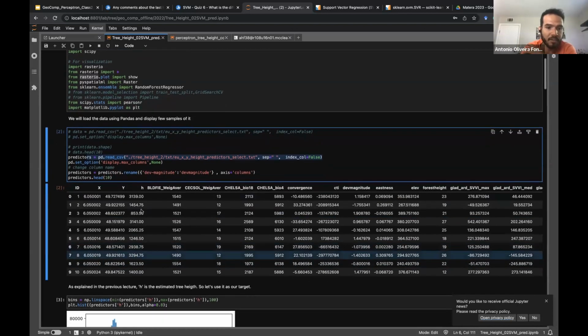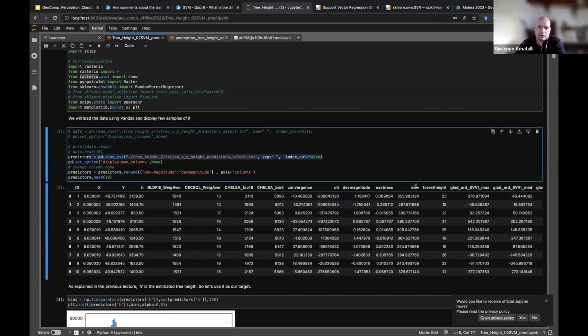We have this variable height, which is the height estimated from the satellite image, and then a bunch of other variables that Pepe already introduced. To the best of my recollection, forest height was the estimation given by another method, correct, Pepe?